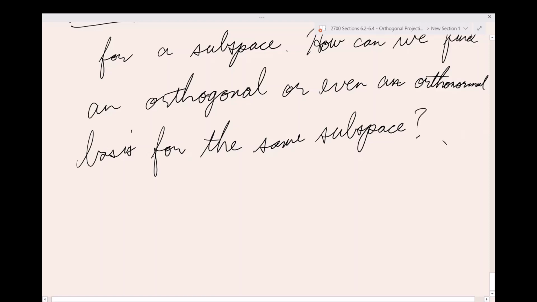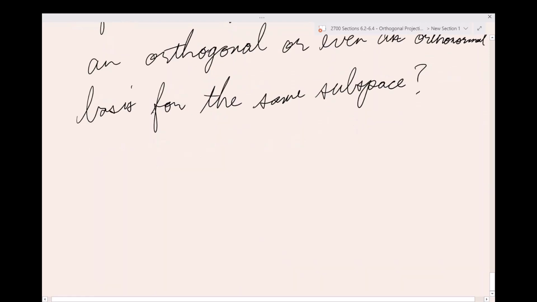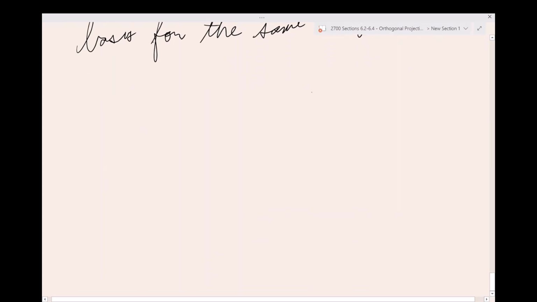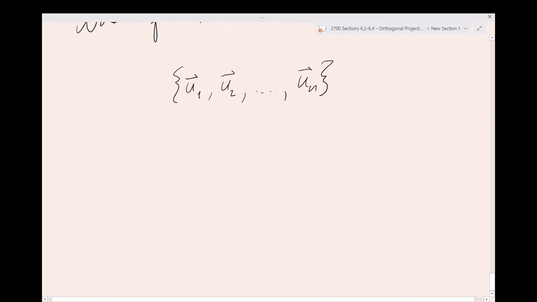So let's try to figure this out. So I have some subspace that I'm starting with, and here's its basis. And I want to get a new basis where they're all orthogonal. And now what we do is we go one step at a time.